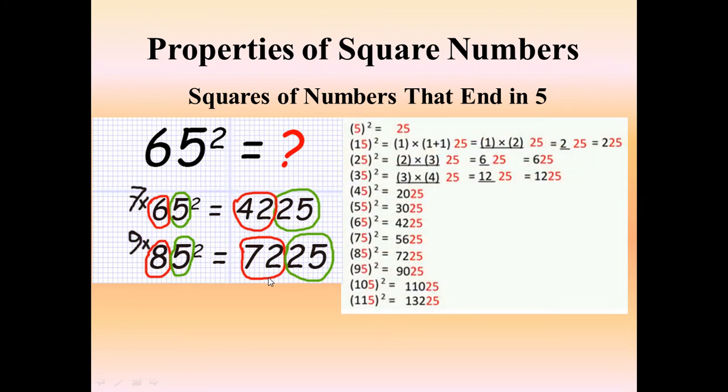So here are the squares of the numbers that I have written from 5 square to 115 square. In every number, you can see this red portion, that is 25, is the same. Only the black portion is changed, and how it has been changed? By increasing the first part by 1 and then multiplying it by the given number.